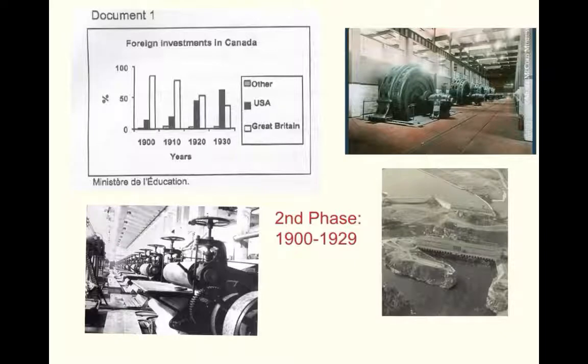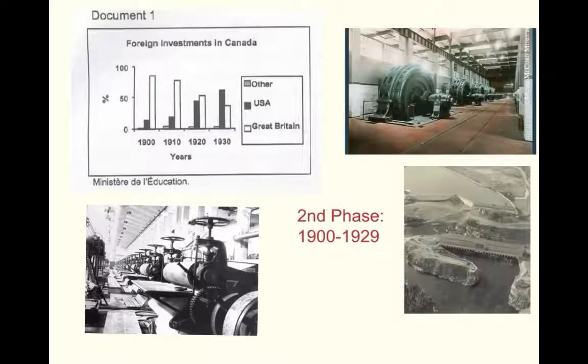Anyone who wanted to invest in the natural resource sector got privileges like paying less taxes and really good returns on investment. And this supply of foreign capital led to modernization of the industrial infrastructures, including the building of factories and transportation networks, and an increase in the number of jobs.